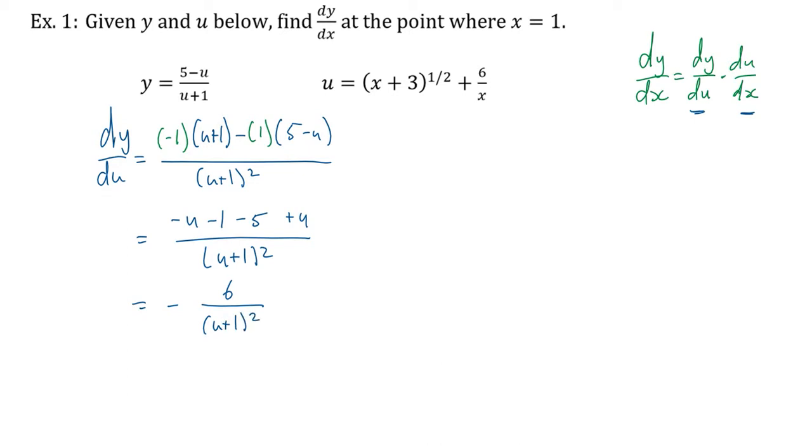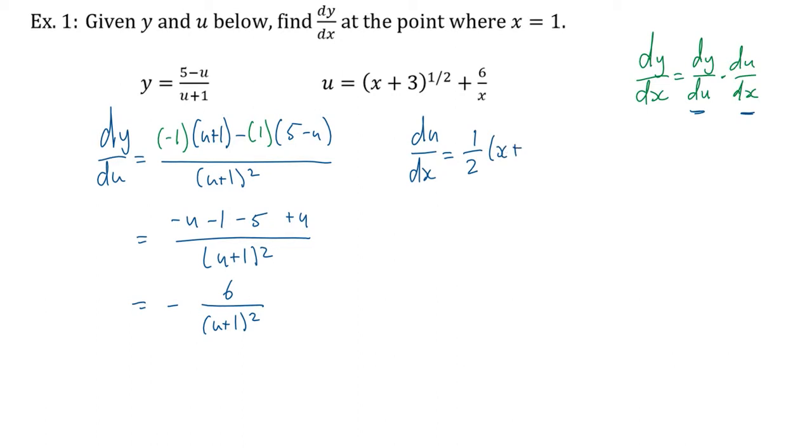Okay, and then this is u in terms of x, so I can do du by dx, and this is like x plus the square root of x plus 3, right? But it's written out the way we actually want it. So we've done this a lot, but I take the exponent out front.